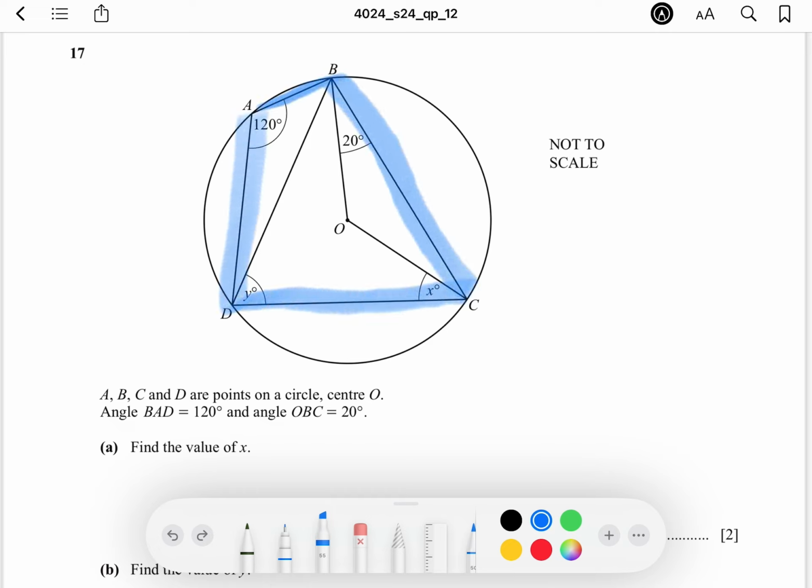Apa lagi nampak? Nada Z, nada F, nada C because nada parallel lines. So no Z, no F, no C. Tapi kita ni ada ni. Ni dipanggil apa? Cyclic quadrilateral.